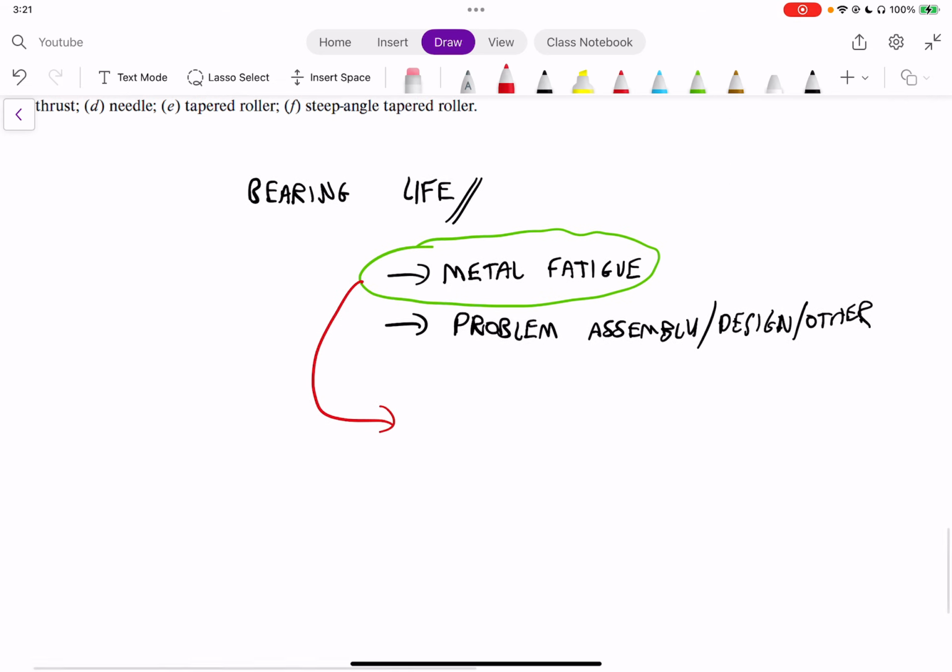So we're going to assume that we're going to look at the bearing life for a bearing that is clean and properly lubricated.